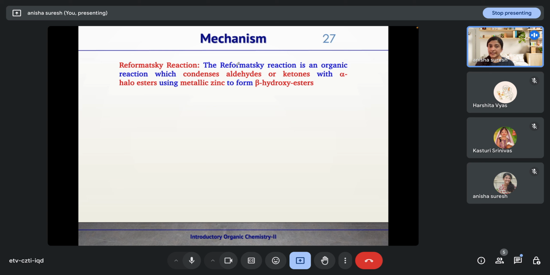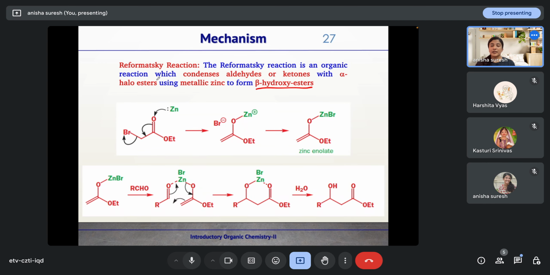So the Reformatsky reaction we have seen. It is an organic reaction where aldehydes or ketones condense with alpha haloesters using metallic zinc to form beta hydroxy esters. So this reaction will be taking place in the presence of alpha halo compounds. Here, the zinc will add on to this oxygen. This carbon oxygen bond will shift here and the bromide will leave, leading to formation of this zinc enolate.